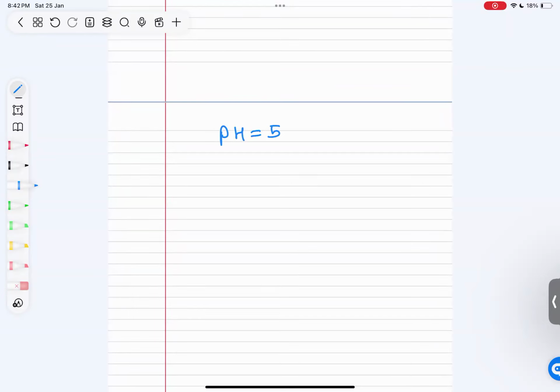Which of the following will be the best choice to prepare the required buffer? The first is HCl, and I don't use HCl because its Ka is very large, so the pKa is a very negative, very small number.